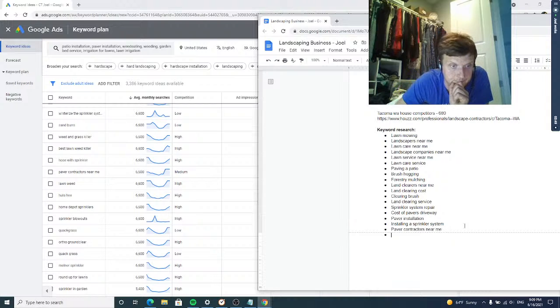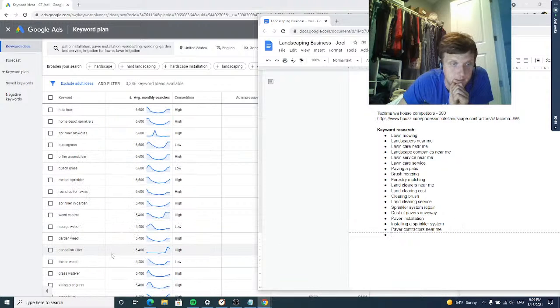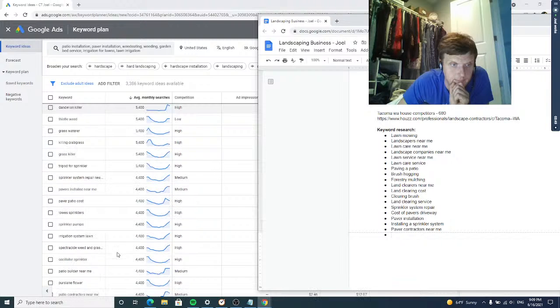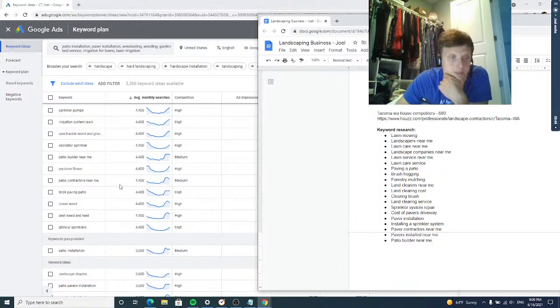Pavers installed. Patio builder near me. That might not be the right fit for us, but I'm just going to include it for the moment.